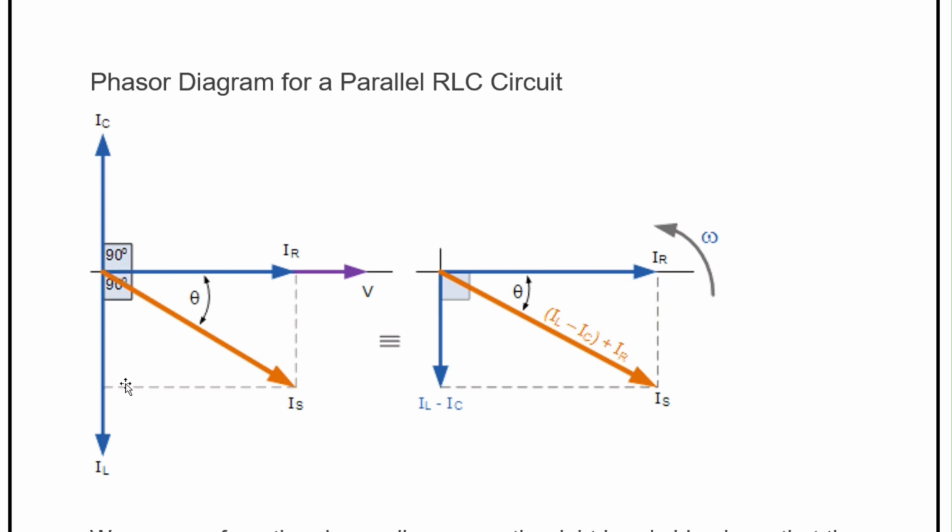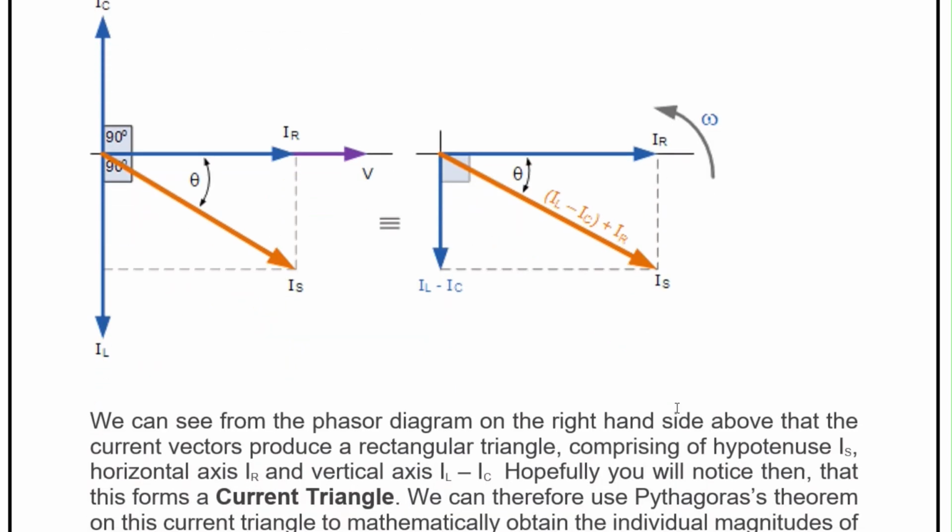Now, in order to arrive at how the vector sum is calculated, you have to take the difference. This is IL minus IC. So this is the difference of IL and IC, and this is IR. When you draw the diagonal of this parallelogram, it gives you the value of Is.